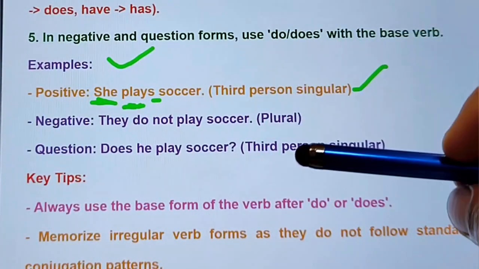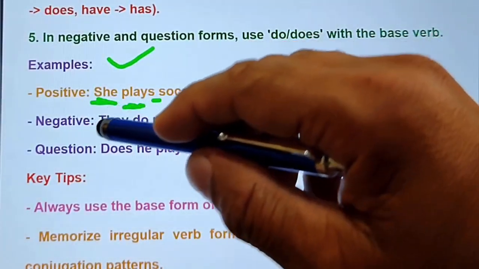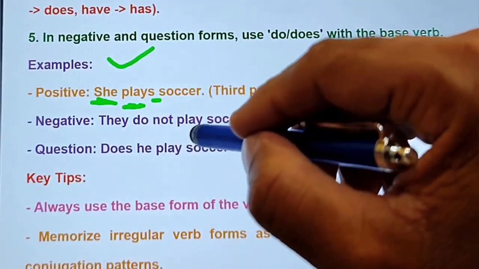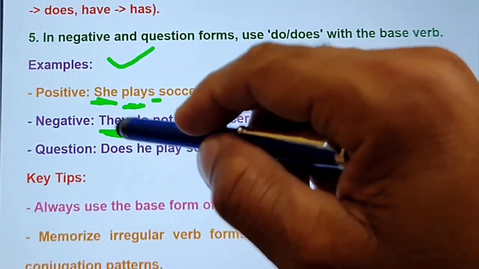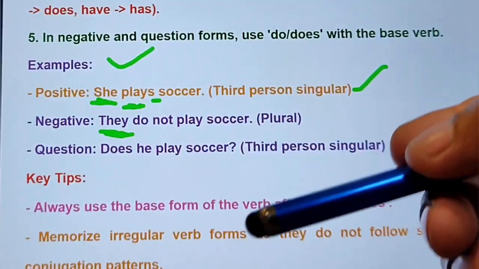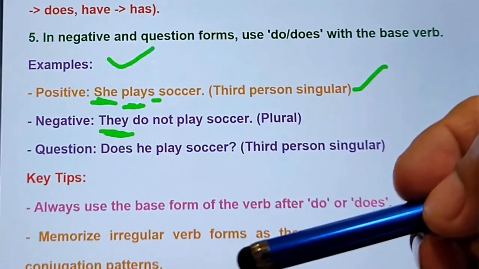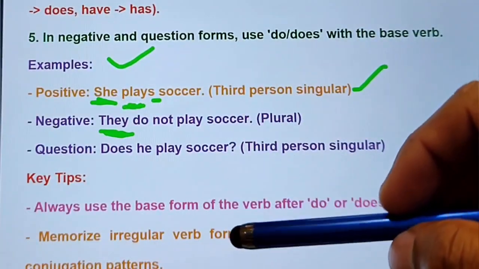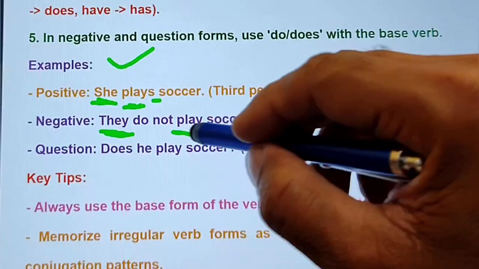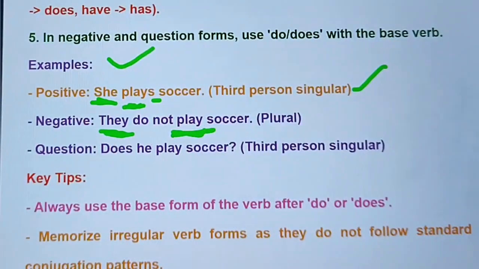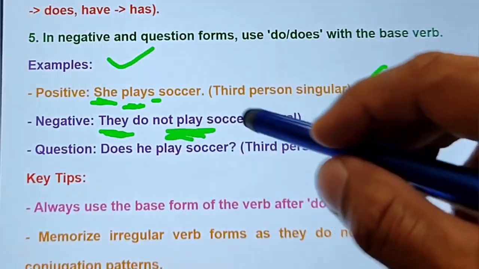And next example we have here a negative sentence. Example, they do not play soccer. They here is a plural subject, I, you, we, they. When we have this in a sentence, we use the base form as it is, no change in the form. So the example is like this, they do not play soccer.